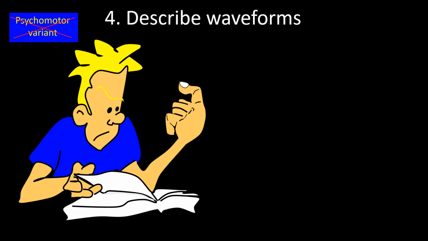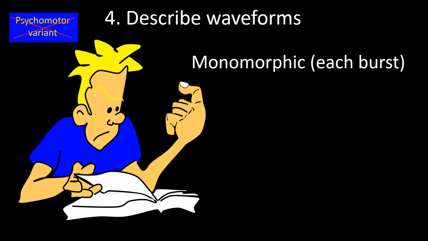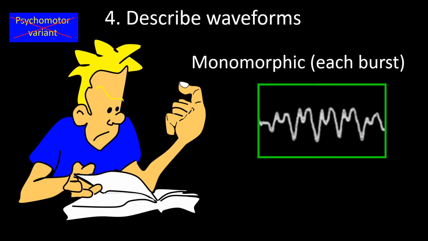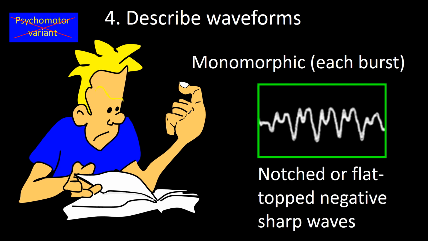Waveforms are monomorphic for each burst, and slower rhythms may have intermixed fast activity, usually in the supraharmonic frequencies. Such an encounter produces a notch appearance in some of the bursts.